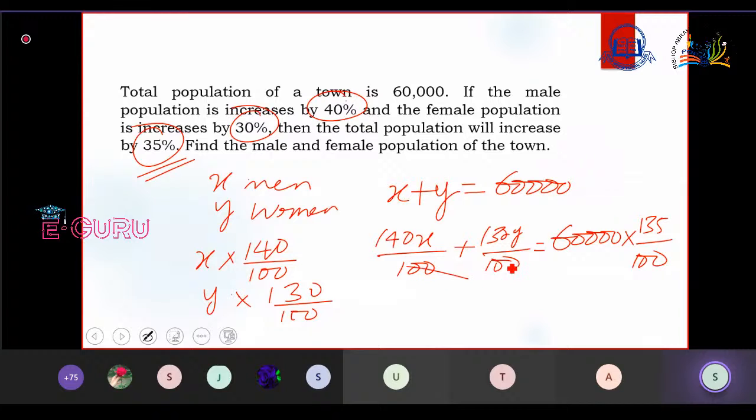So these hundreds are common, so they will get cancelled, and this 10 you can take common from here, so 10 will get cancelled from here. So finally you will get something like 14x plus 13y equals 60,000 into 130.